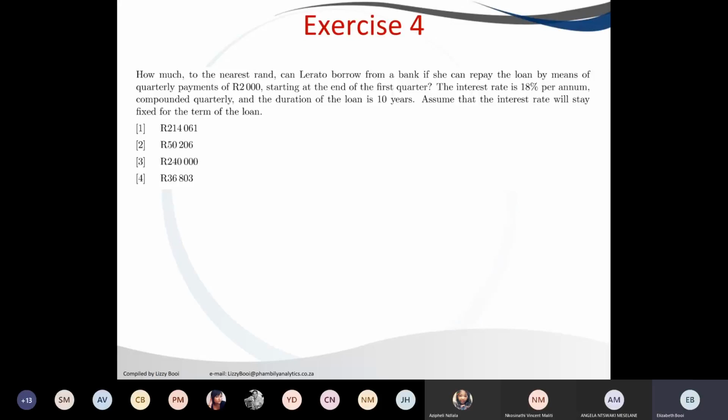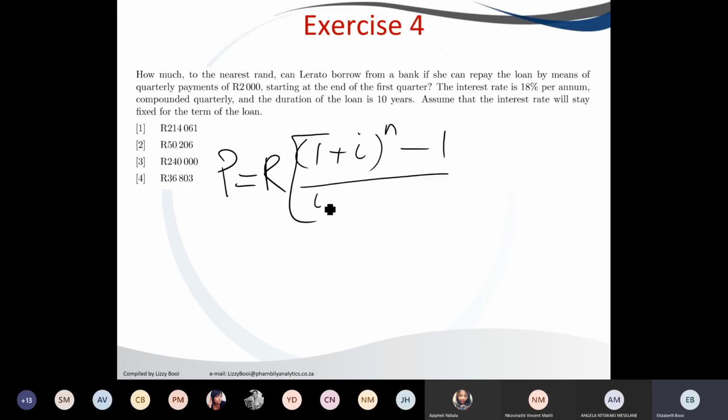Therefore, if that is the present value, those who are calculating manually, you should be using not S, but P. Your formula should be P equals R times (1 plus i to the power n minus 1) divided by i times (1 plus i) to the power n.